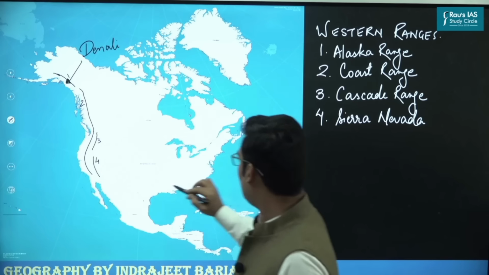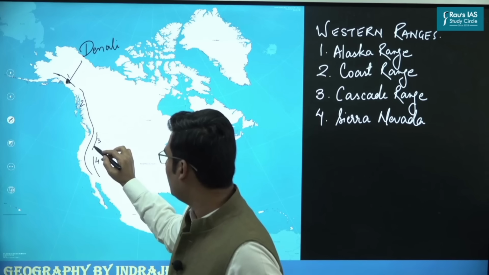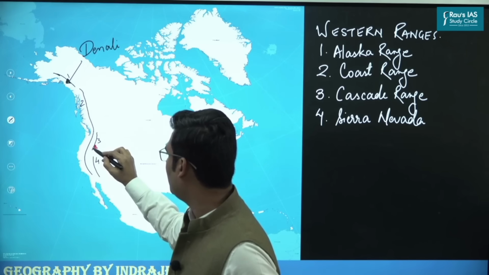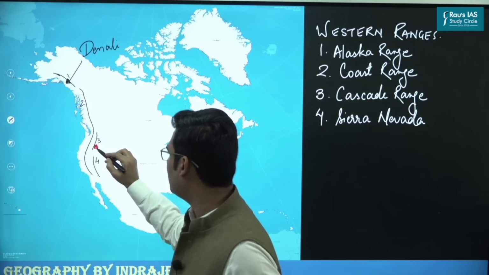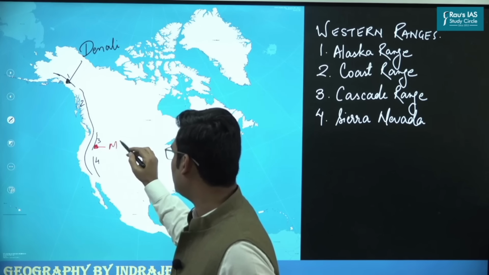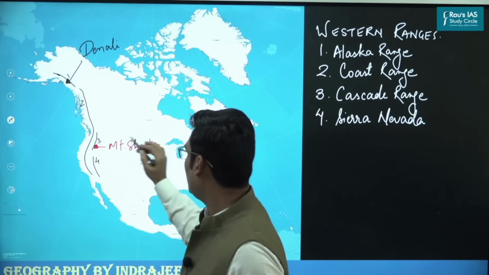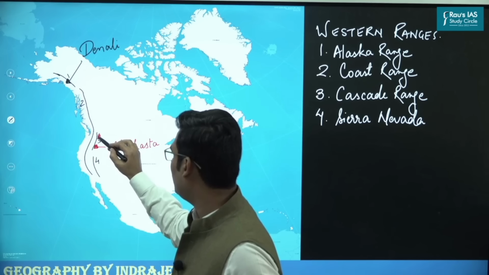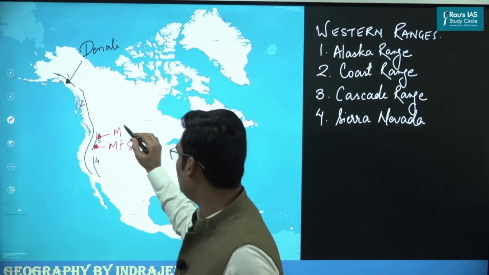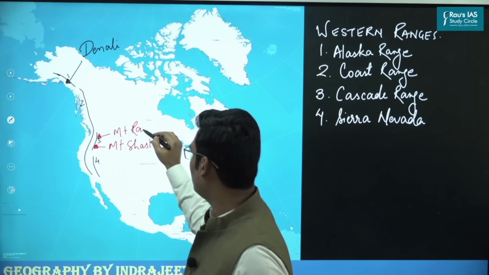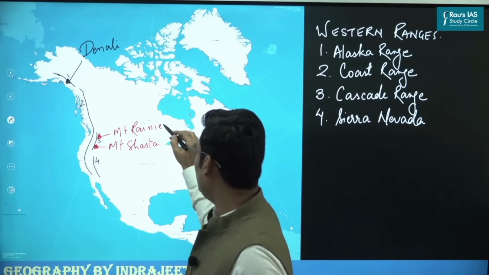In the case of the Cascade Range, what you see over here is another important, imposing peak in North America called Mount Shasta. And to the north of it, I have another mountain peak called Mount Rainier.